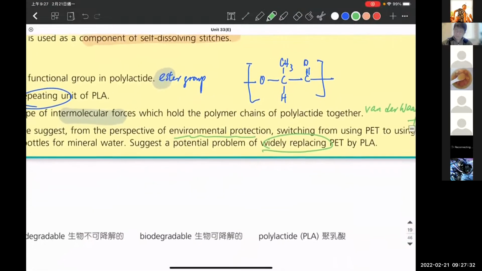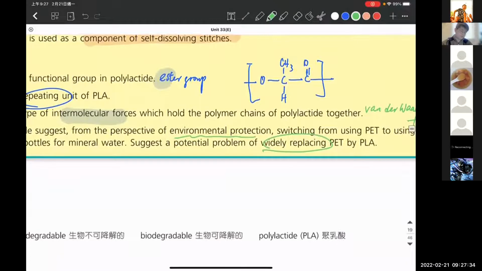It is easily hydrolyzed, so it is not as durable as PET. PET is less easily hydrolyzed when you compare it with PLA.